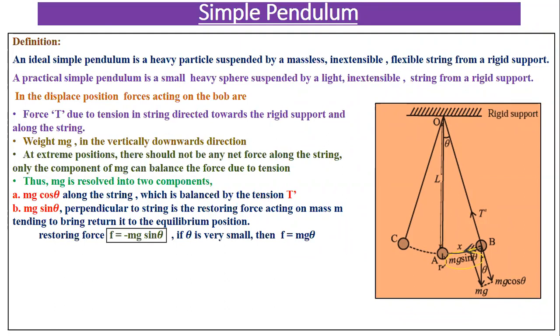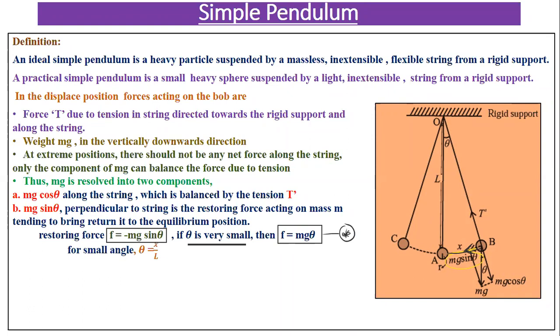Now here theta is very small. So we can write F is equal to mg into theta. Sin theta we write as theta. So this is the restoring force, in magnitude. We do not write the negative sign because we consider the magnitude.